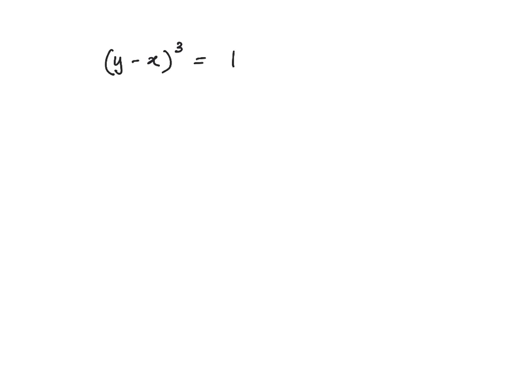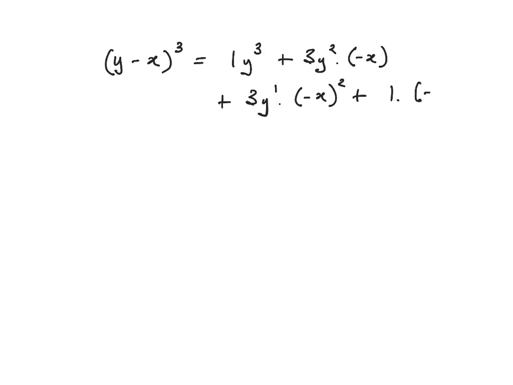So it's going to be 1 y to the power of 3, plus 3 y squared times minus x, plus 3 y times minus x squared, plus 1 lot of minus x to the power of 3. That's y cubed minus 3x y squared plus 3x squared y minus x cubed.